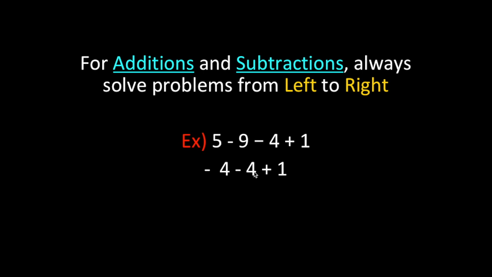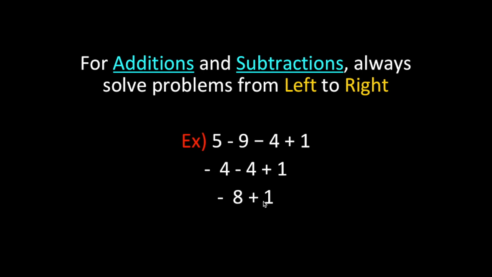So you bring down the rest of the problem. Now you're going to continue from left to right. So -4 minus 4. When you have two numbers with the same sign, you add them, and then you keep the sign. So in this case, 4 plus 4 is 8, and you keep the negative sign.